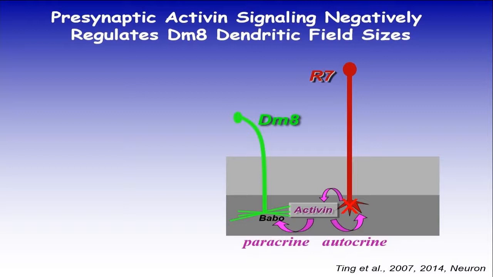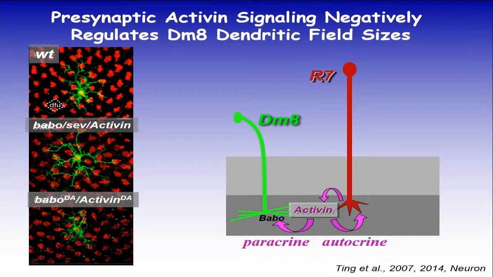One can remove R7 to remove the activin source, or remove the receptor BABU, or even overexpress activin, and also result in a very consistent idea: getting rid of activin signaling makes the dendrite become bigger. So this is an inhibitory signal, and when you overexpress activin, then you make the dendrite smaller.